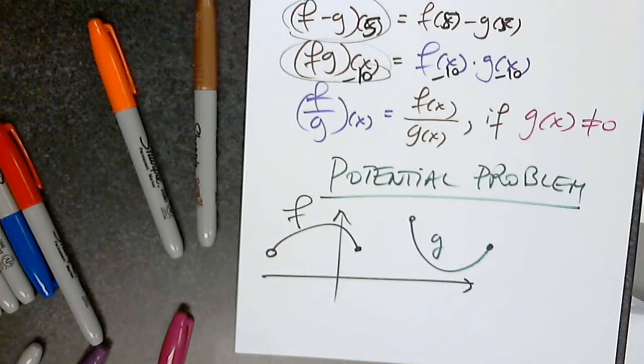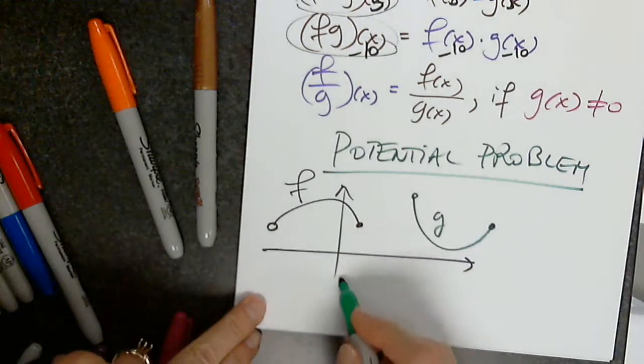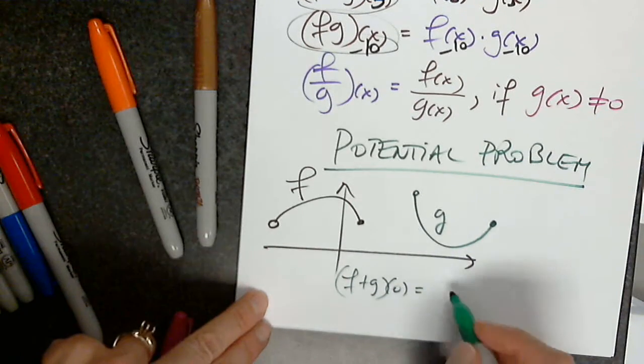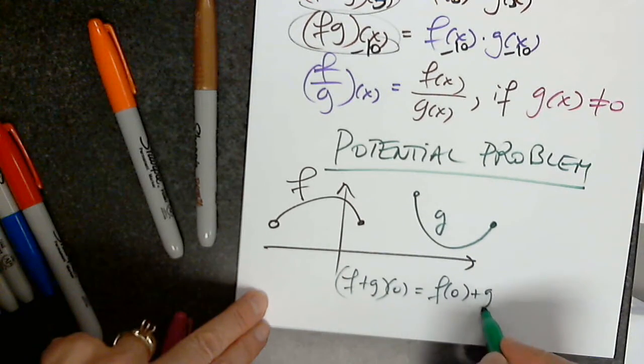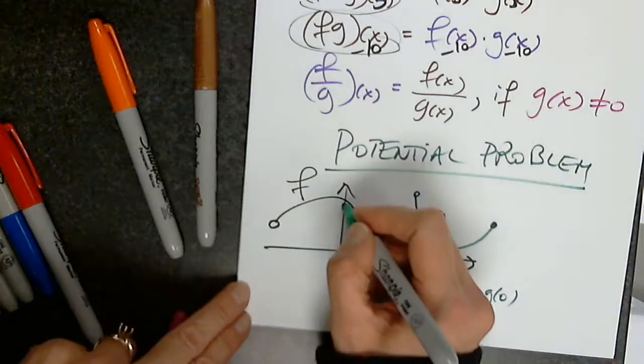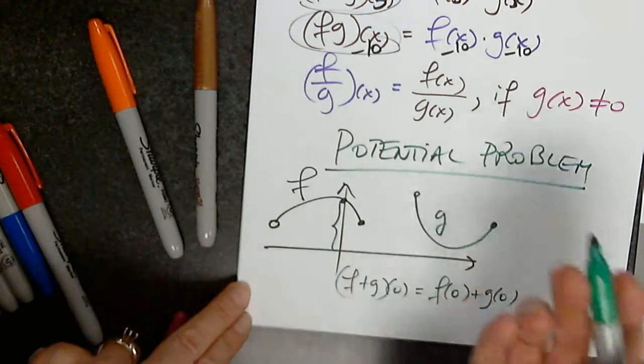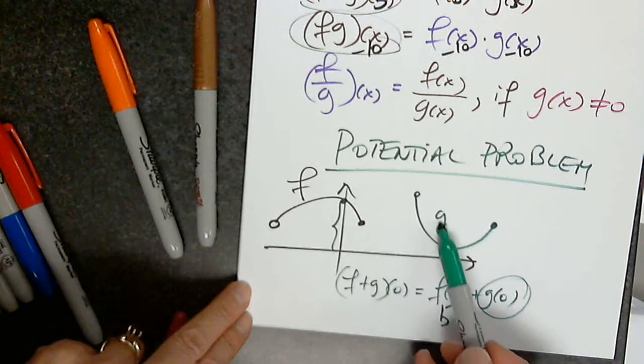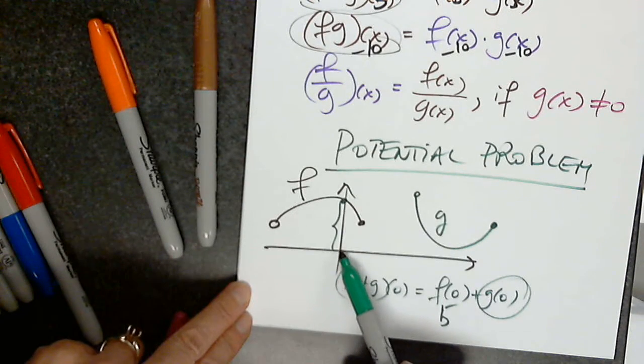Why? Because if I ask you find f plus g at 0, you will say this is f of 0 plus g of 0. You will measure this and you will say, I don't know, it's 5. But you cannot determine this because g is not defined at 0.